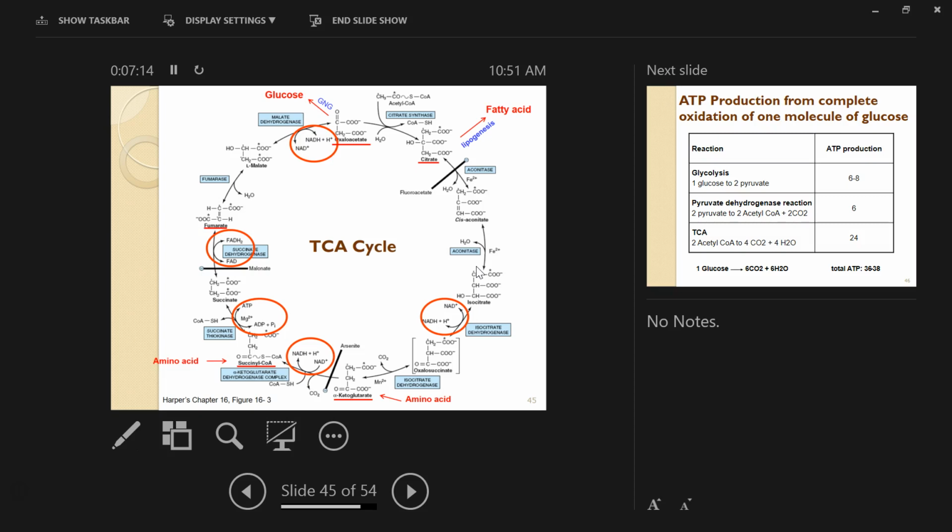So this is something that you need to know: how important the TCA cycle is, not only for the complete oxidation of the nutrients, but also because it connects different metabolic pathways. Try to remember that there are four key intermediates that I highlighted here, and how they connect to the different metabolic pathways, fatty acid synthesis and gluconeogenesis.